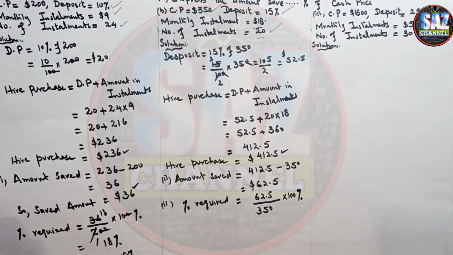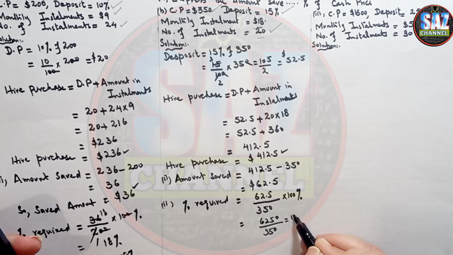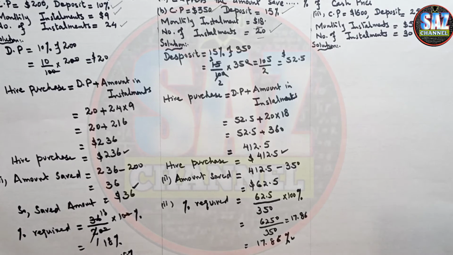Okay, now here you can use the calculator, multiplied by 100, and that will give me 6250 upon 350, and this is 17.857, or I can take it 17.86. So the required percentage is 17.86%. I hope you are clear about this question, and let's move to the next part of the question.